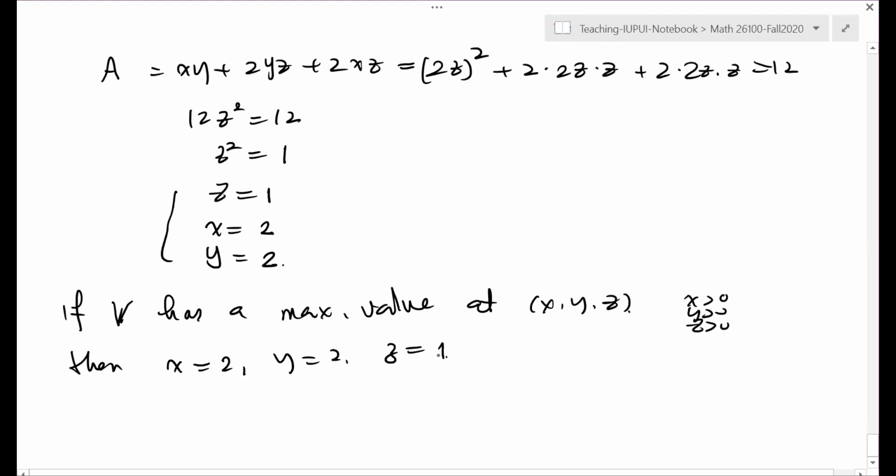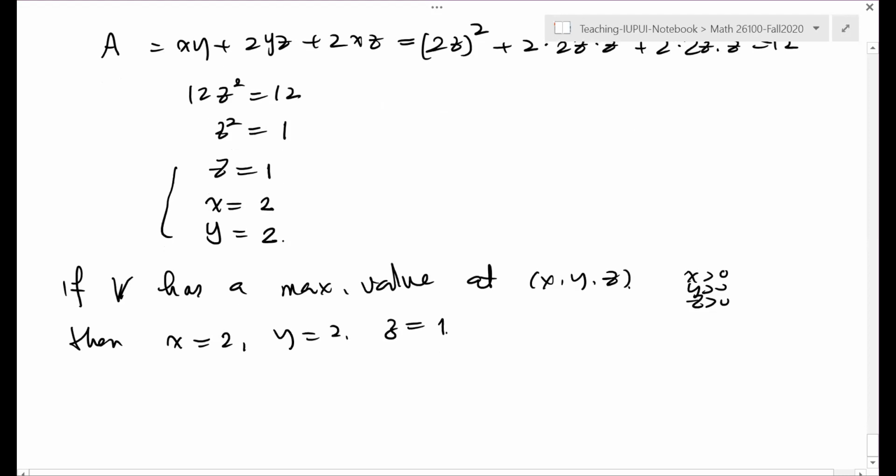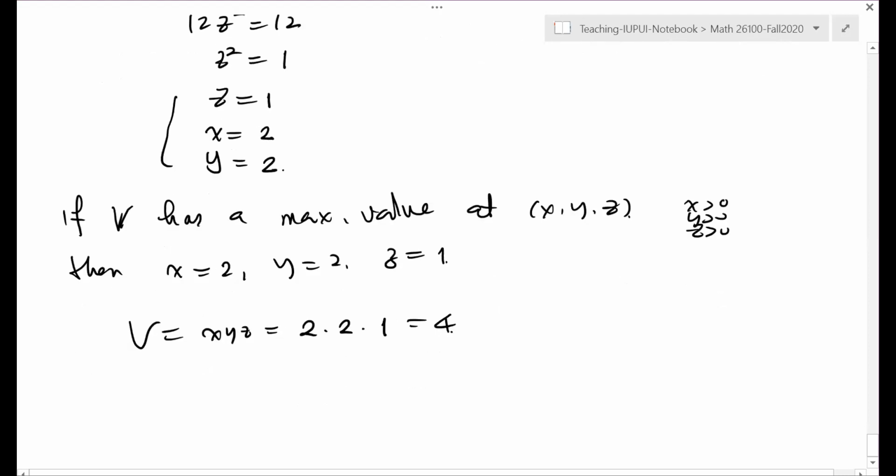And you can multiply this out. So volume is x times y times z, 2 times 2 times 1, so this is going to be 4.